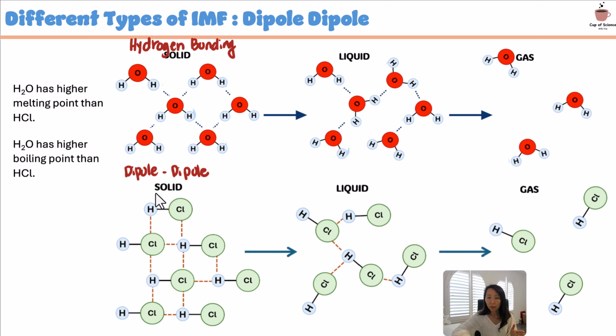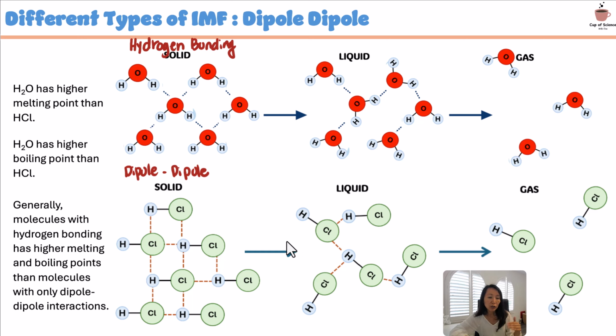The boiling point is higher for water than HCl. So in general, molecules with hydrogen bonding will have a higher boiling and melting point compared to ones with just dipole-dipole interactions, which have a lower melting point and boiling point.